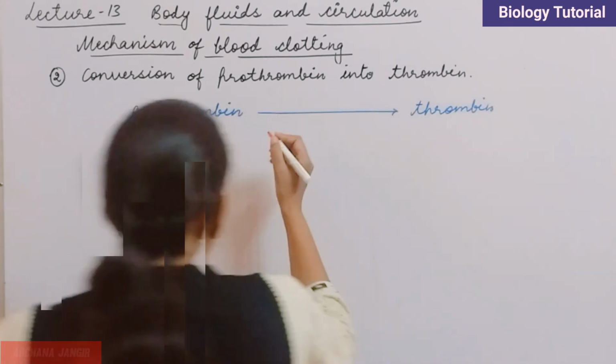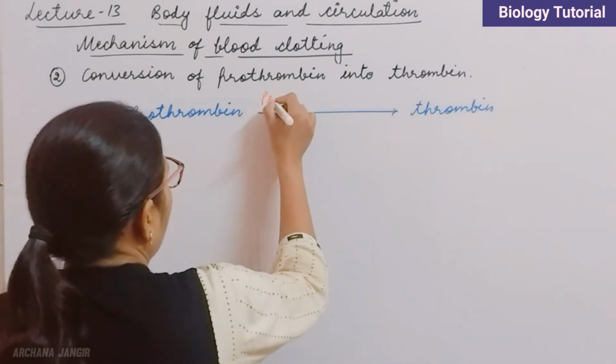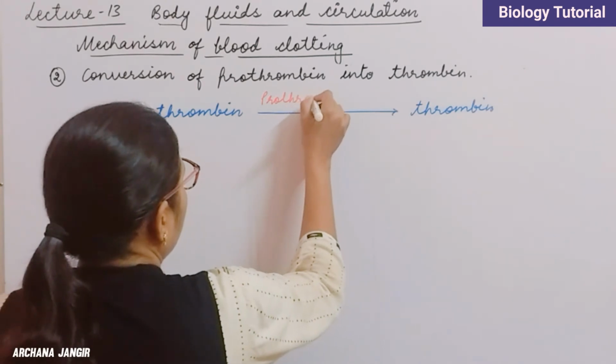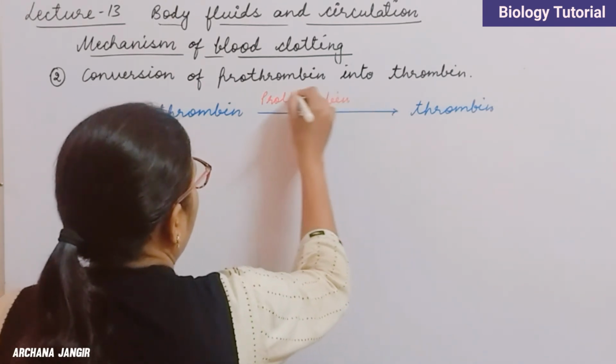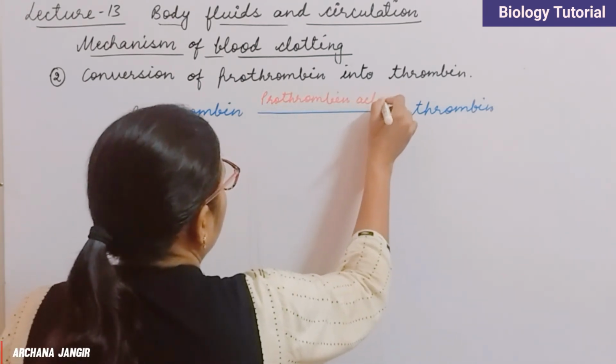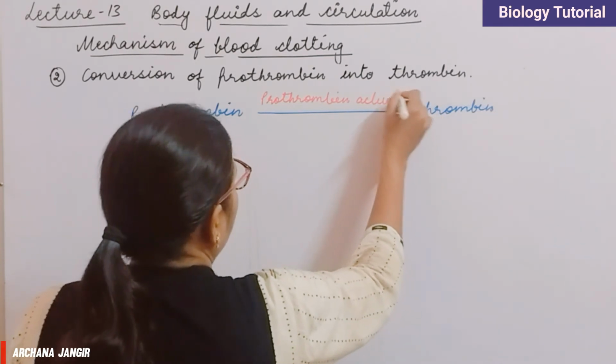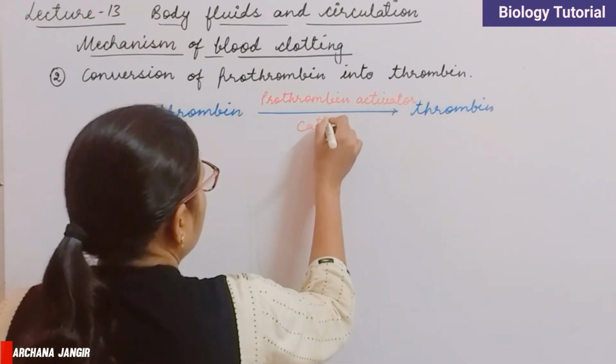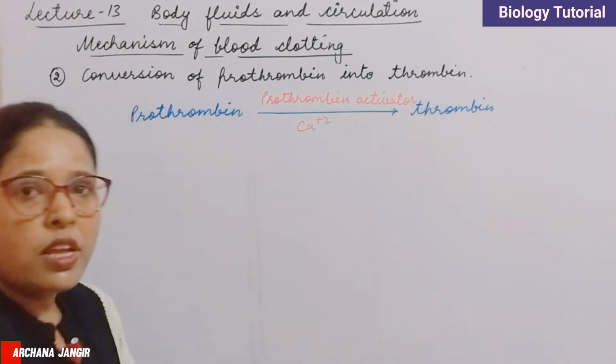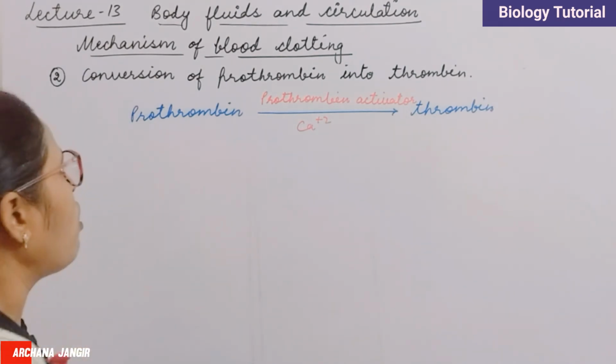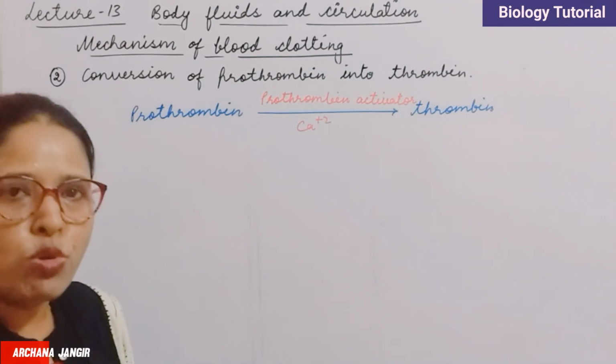So here the reaction is triggered with the help of prothrombin activator and calcium ions, which is the factor 4. Clear? So this is the conversion of prothrombin into thrombin.